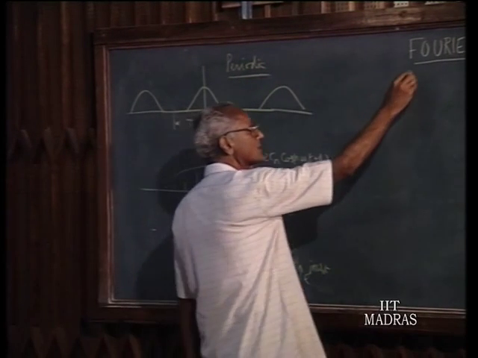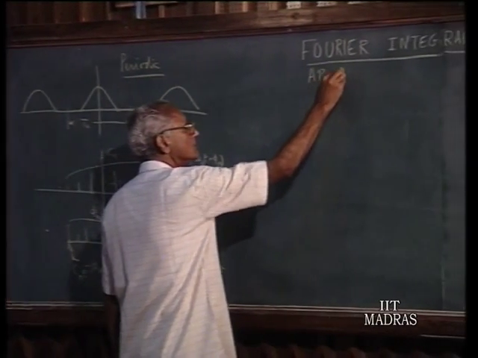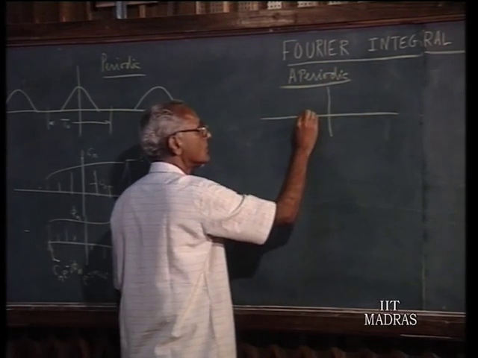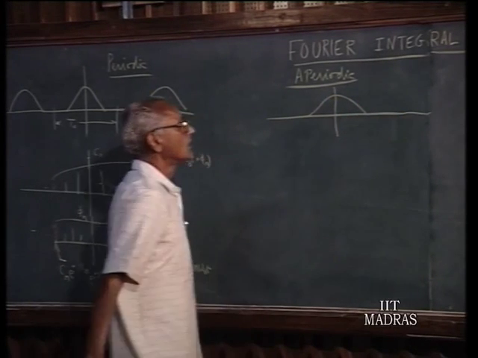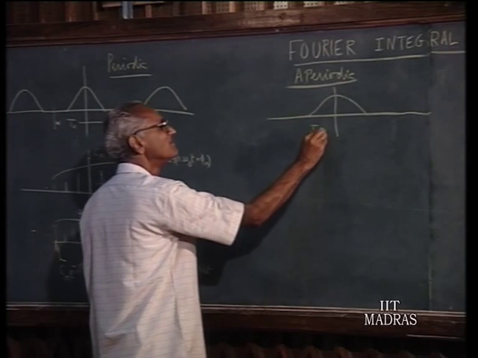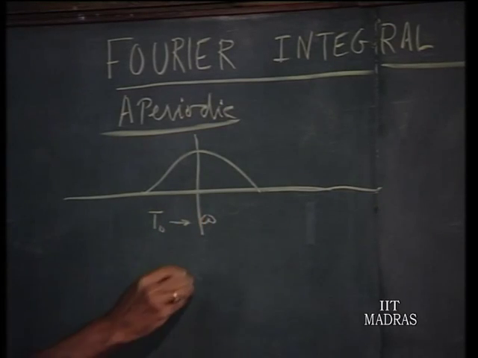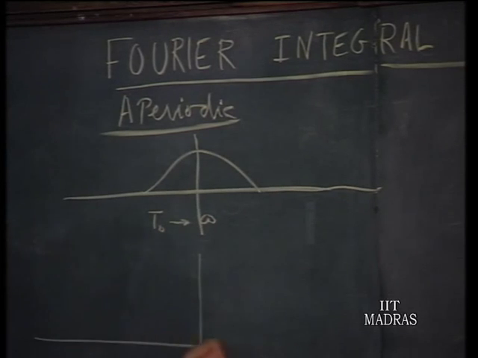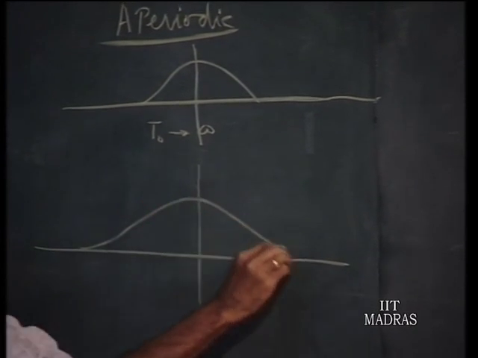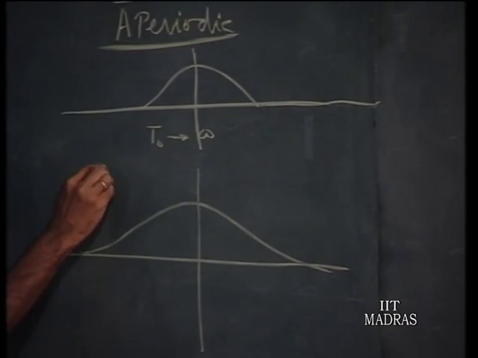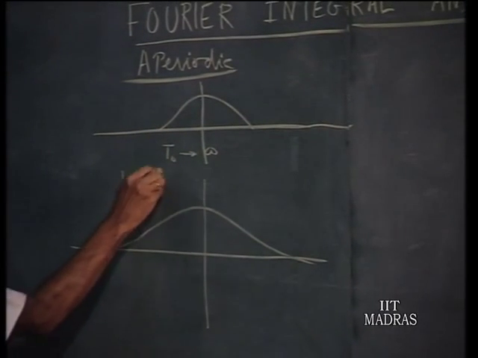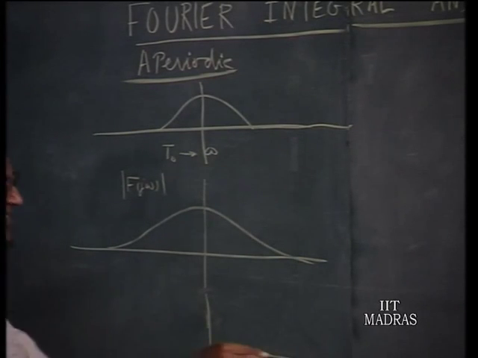In the aperiodic case, we have some phenomenon which lasts only once, it does not repeat itself, the period t naught tends to infinity, and we said this will lead to a spectrum which is continuous, and we call that coefficient density F of j omega, magnitude.